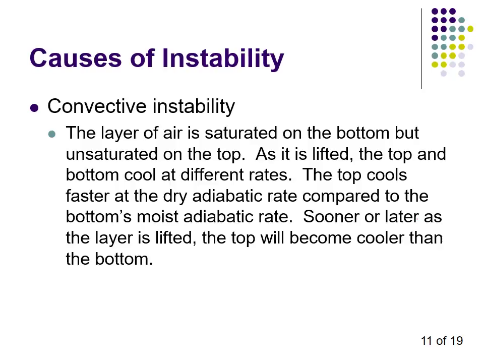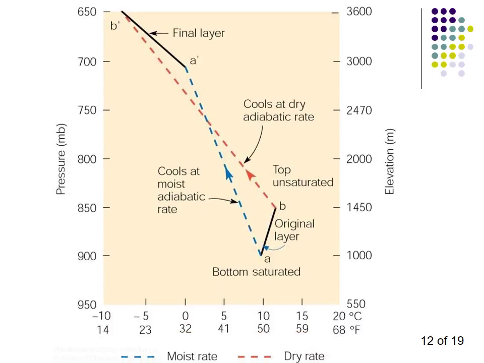The top cools faster at the dry adiabatic rate compared to the bottom's moist adiabatic rate. Sooner or later, as the air is lifted, the top will become cooler than the bottom. So let's look at an example. Here's our air on the bottom, and you see now the bottom is definitely cooler than the air on the top.